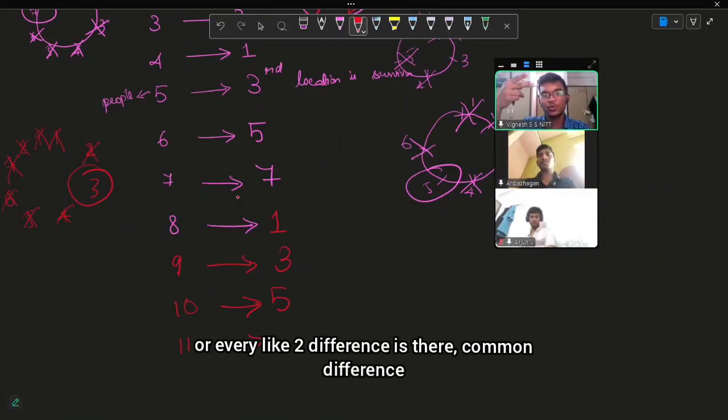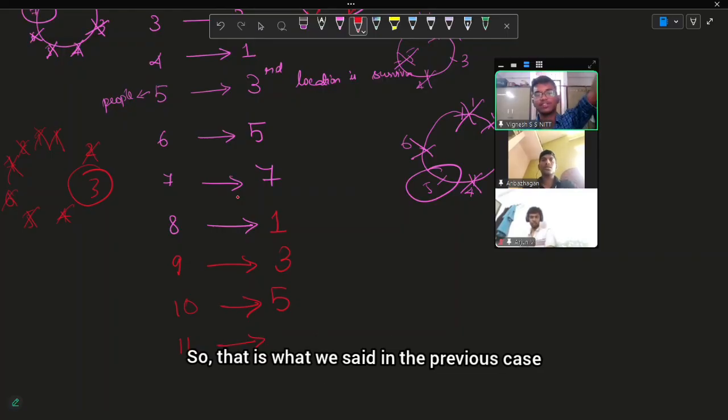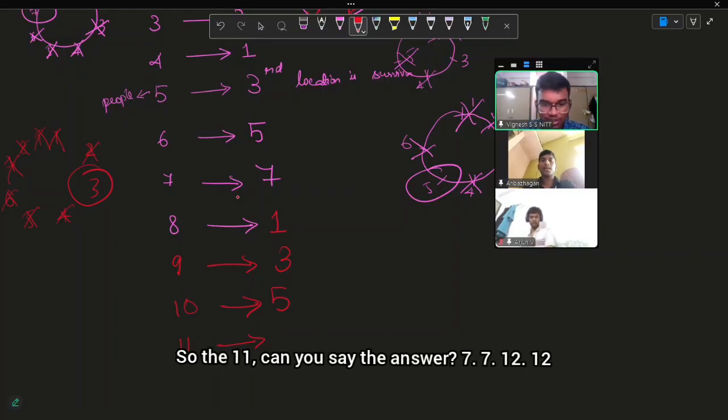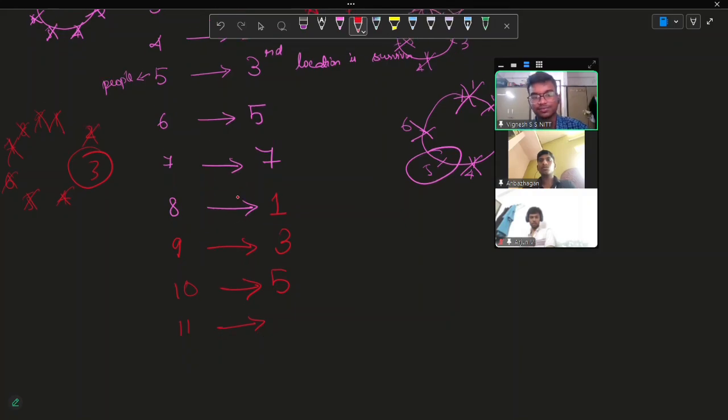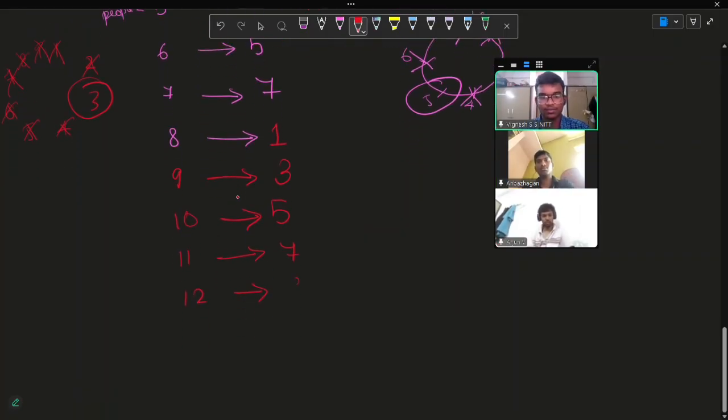That is what we said in the previous case, the common difference. So for 11, can you say the answer? 7. For 12, can you say the answer?